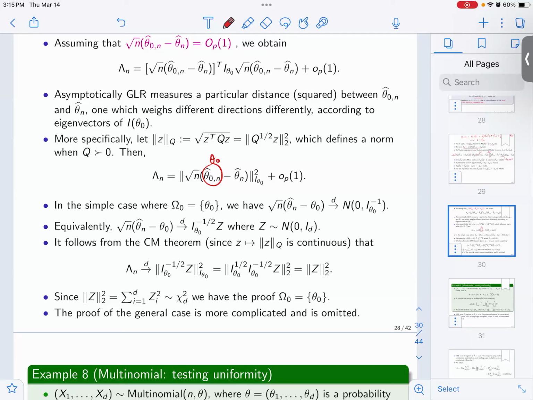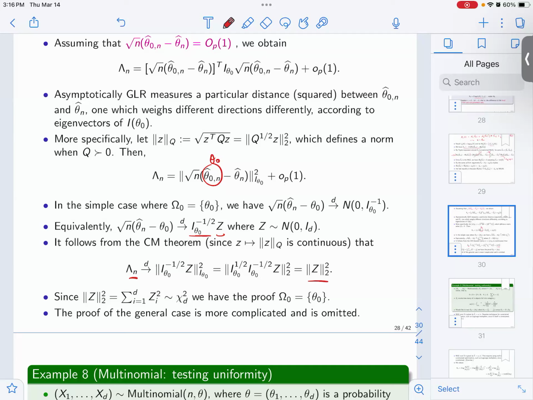And so if I look at this, I can write it as this matrix times Z, where Z is a normal random variable. So I replace this here into this, and then you evaluate this, and it turns out to be just the squared norm. So what we proved is that this is converging to the norm of a normal random vector, and this is chi-squared.